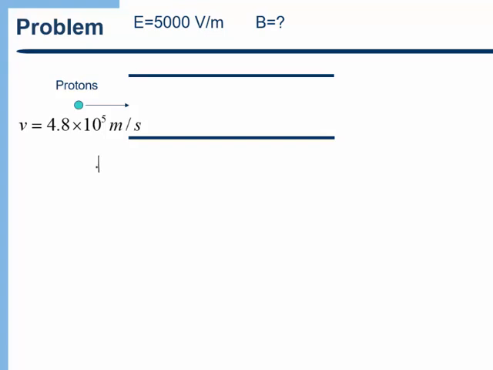Well, again, we want FE equal to FB. Remember, we know the force due to the electric field: the magnitude is qE. We know the magnitude of the force due to the magnetic field is qvB sin theta.